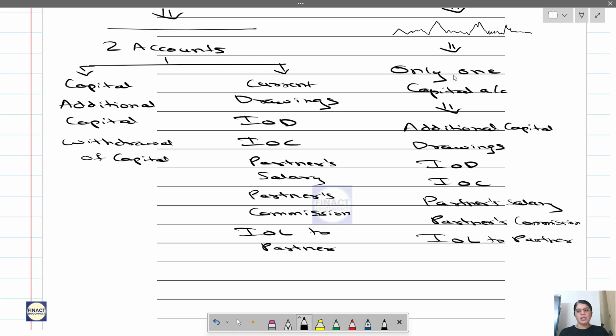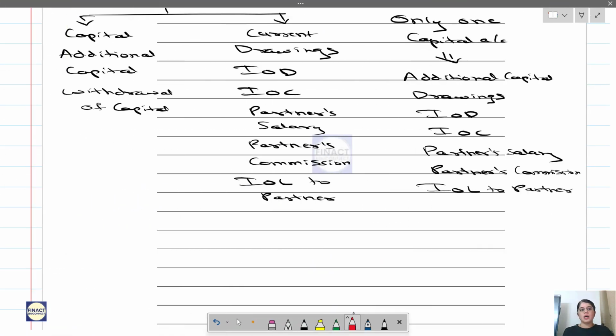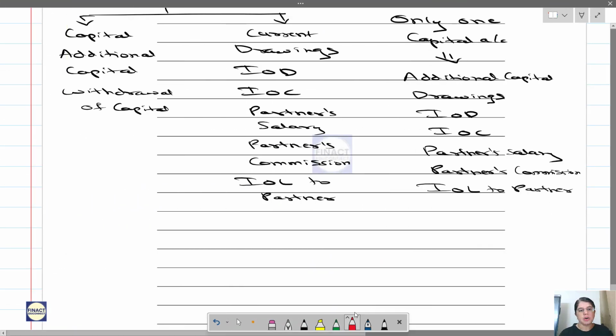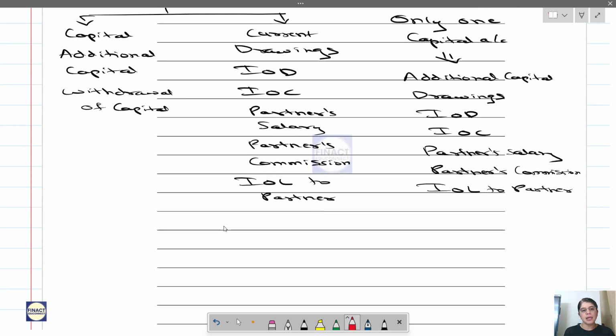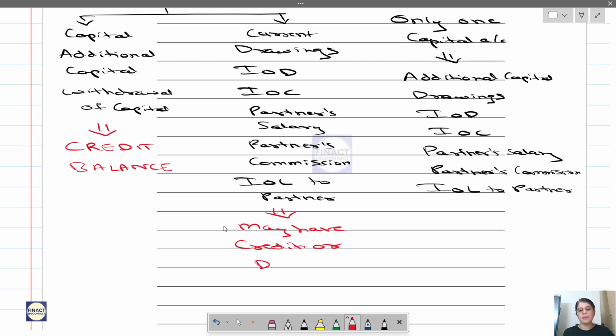So now just write this down. Now in case of your fixed capital method, your capital account will have a credit balance, whereas your current account may have both credit or debit balance sometimes.